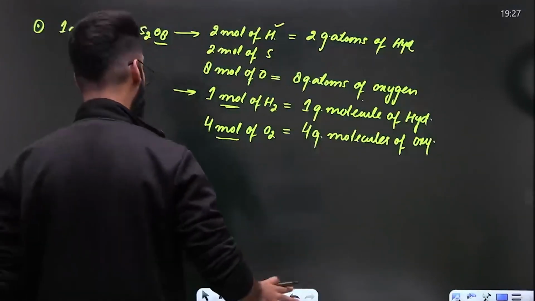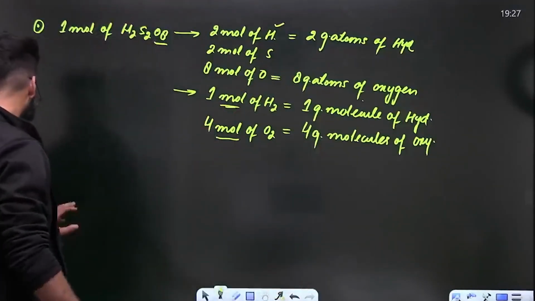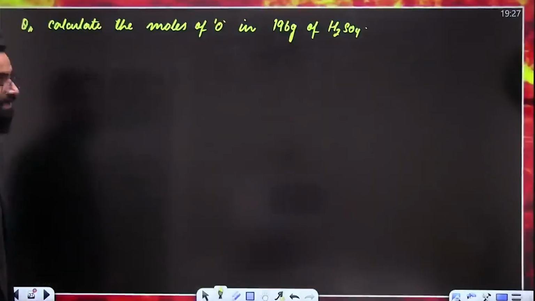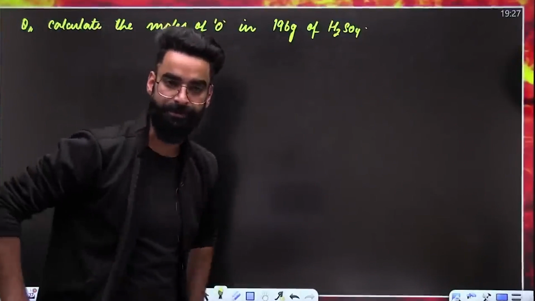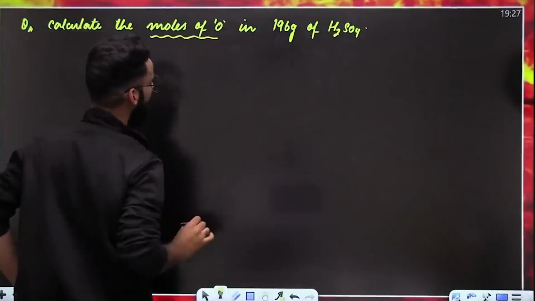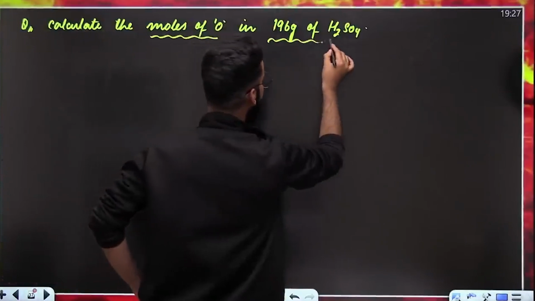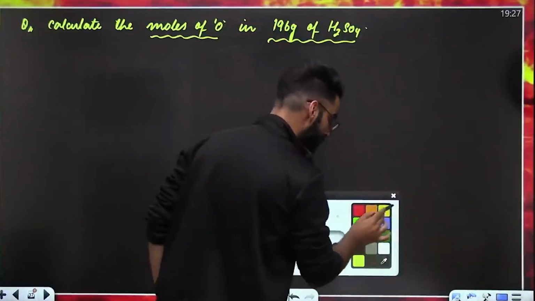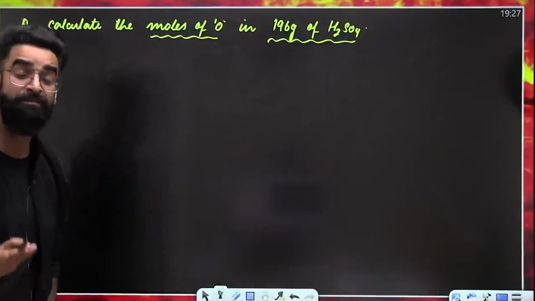Now, dear students, if you know how to write these statements, then there is a particular set of questions which can be asked. How is that? This is the question. The question is, calculate the moles of O present in 196 grams of H2SO4.